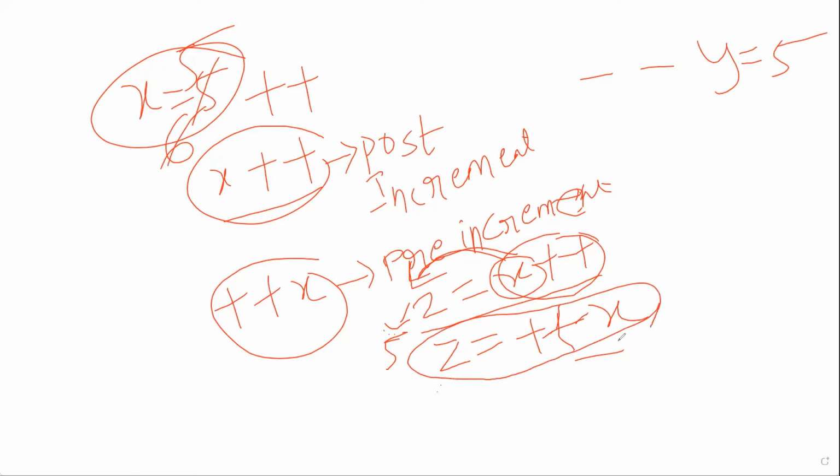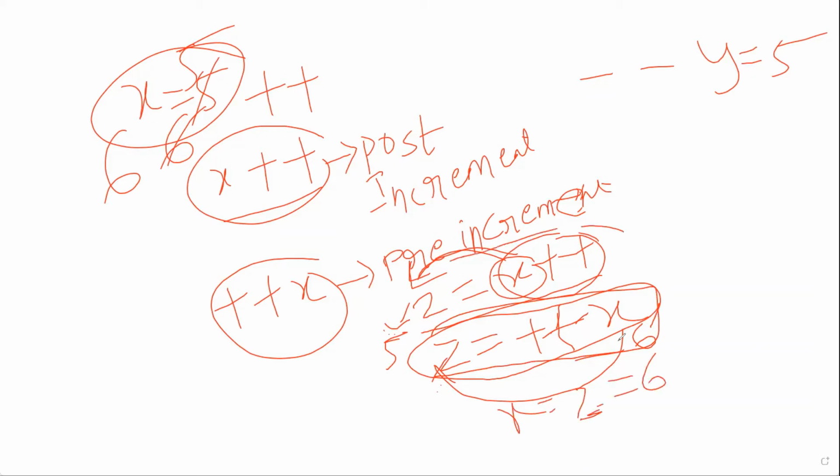First you increase the value of x by 1, so x will become 6. Then whatever the x value is, 6, assign it to z. Now after executing this statement, x and z both are 6. But if I applied post increment, z will be 5 and x will be 6.